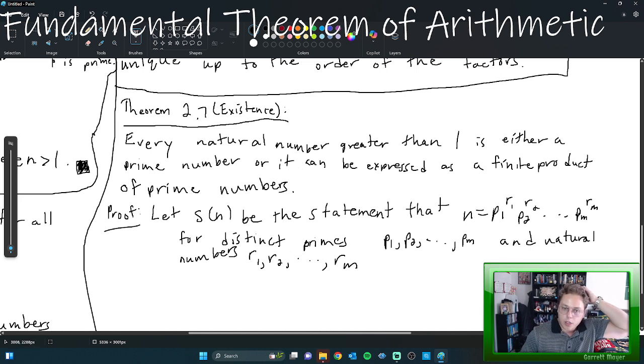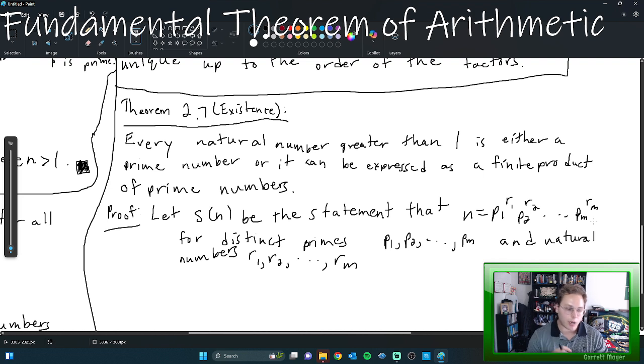So p1 could be just one prime number. r1 would be the amount of times that p1 appears within the factorization. p2 is another prime number. r2 is the amount of times that p2 appears in the factorization. That continues for m different prime numbers. And what this is saying is that n is just expressed as a product of entirely prime numbers where there's no composites in there.